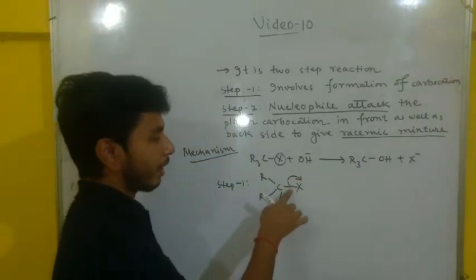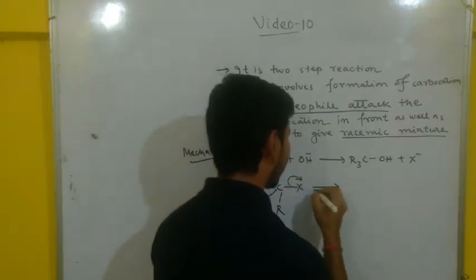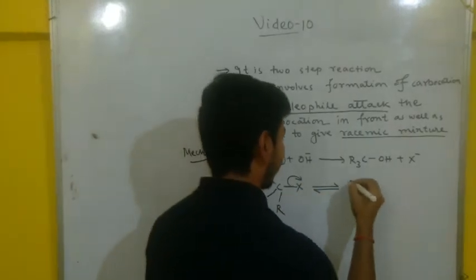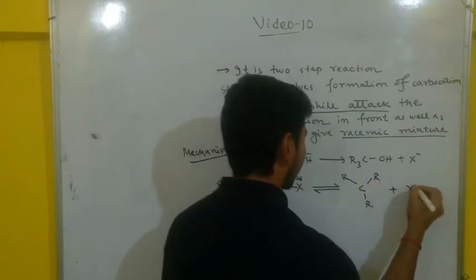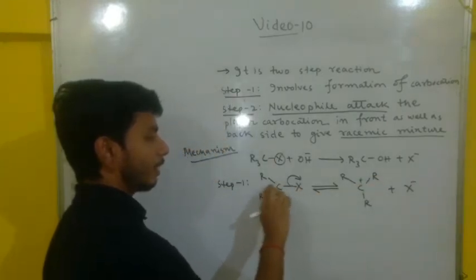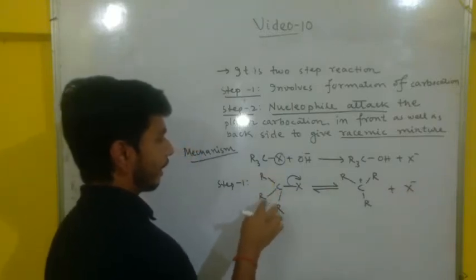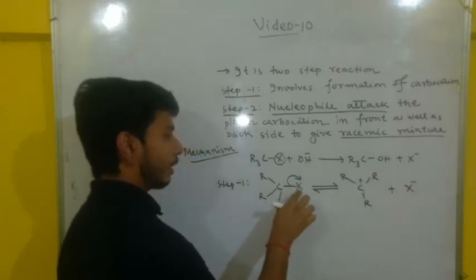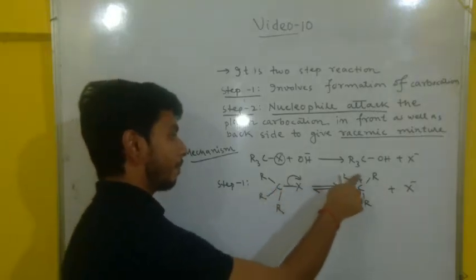The bond will break, and the halide leaves as X minus, and the remaining part is carbon with 3 alkyl groups. The halogen is leaving with its electron pair.